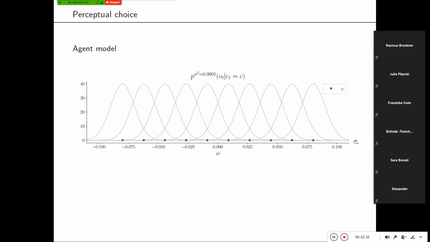Basically, you have this uniform distribution here, and for each of these, the distribution of possible observations is Gaussian. So, for example, if the agent now observes a value here, where the cursor is, then the agent cannot be quite sure whether this was due to this contrast difference or to this contrast difference.